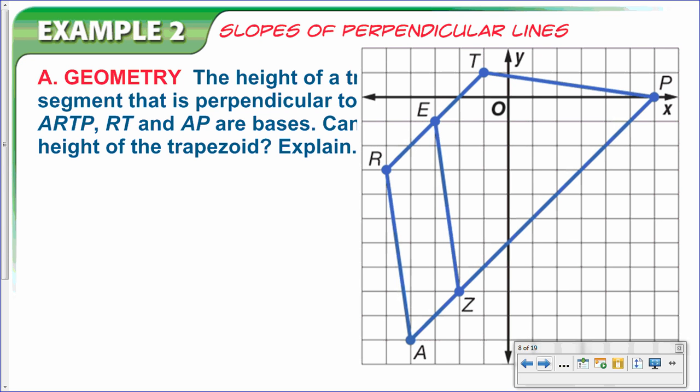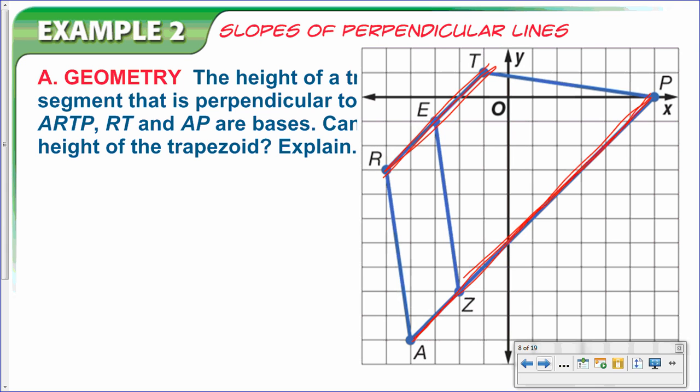Can it be used to measure the height? If it's the height, it has to be perpendicular, doesn't it? Okay, so it's EZ perpendicular. Where's the base at? You have one base here, and then you have one base here, don't you?